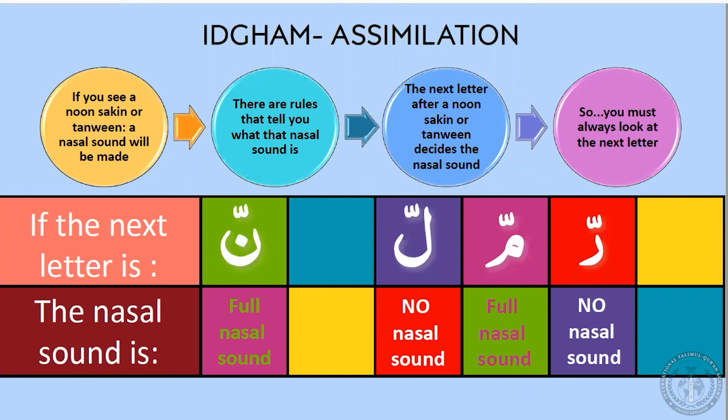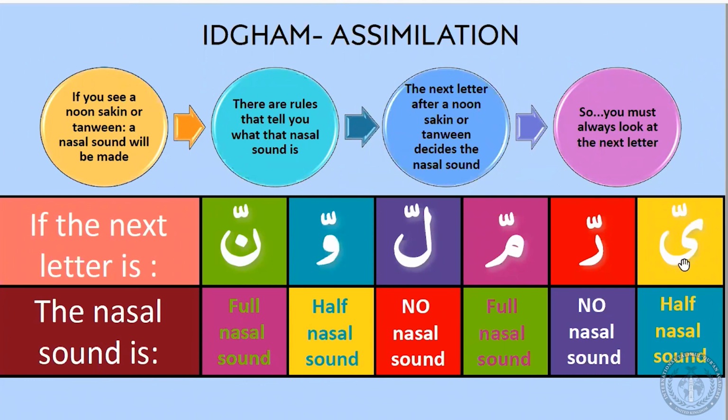And then the last two are ya mushaddad and vowel mushaddad. When a ya mushaddad or a vowel mushaddad comes after a nun sakin or a tanween, half a nasal sound is created. Again, idgham takes place, but the nasal sound that's created is half a nasal sound.